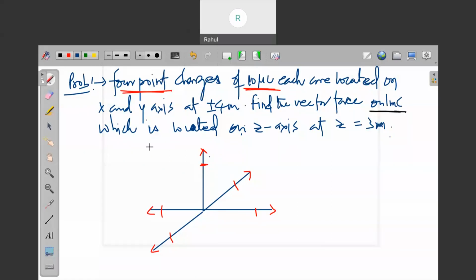Each is 10 microcoulomb. Because of this charge there is a force, in which direction will it be? It will be in this direction.